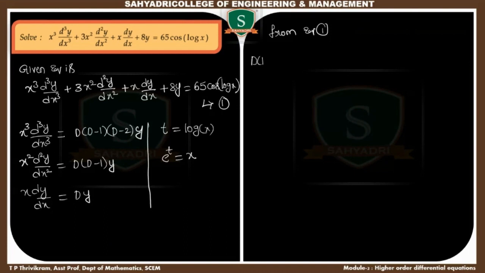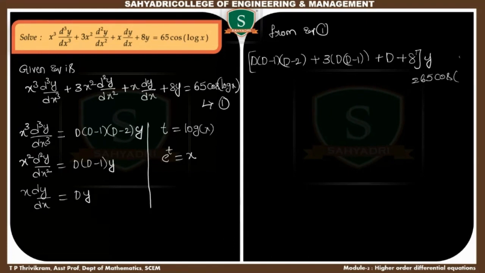D into d minus 1 into d minus 2, next plus 3 into d minus 1, plus d plus 8, taking y common, is equal to 65 cos of, here log x is how much? Log x you have taken as t. So I'll get 65 cos t.